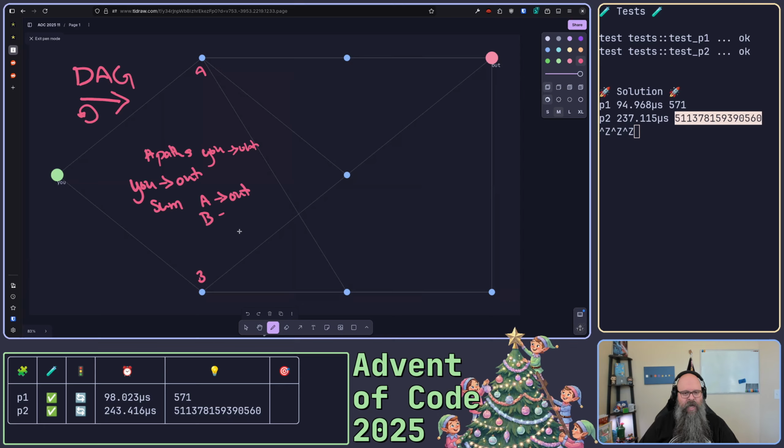So let's actually do that. So B, and then we'll label these C, D, right? So we need to know what A to out is and B to out is. And in order to know A, we need to know C, D, and E. And in order to know B, we need to know D. Well, we can actually solve C. We know there is one path from C to out, right?